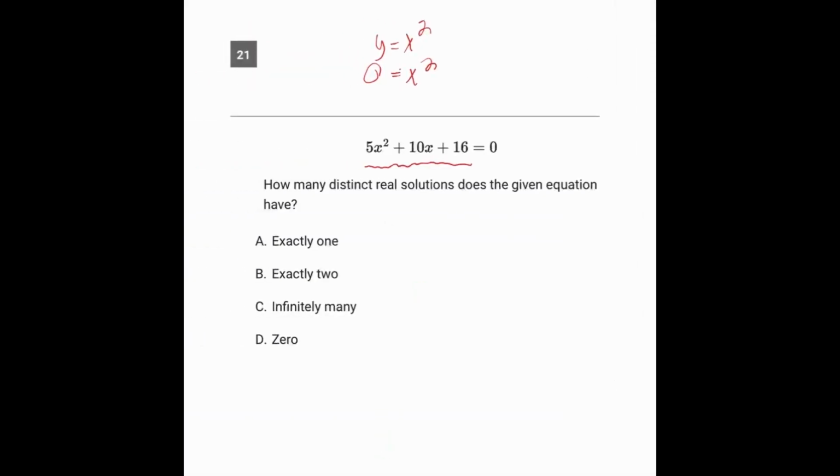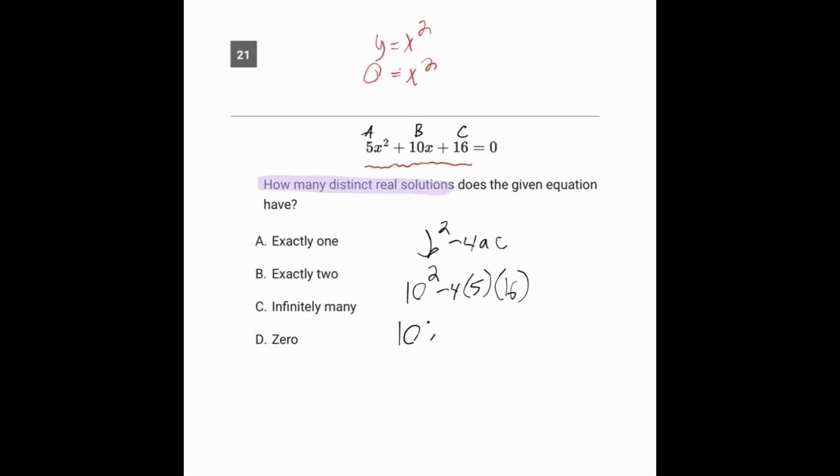no solutions. So if we're being asked how many solutions are there, we just need to figure out what is the sign of b squared minus 4ac. And of course, this is our a, this is our b, this is our c. So b squared minus 4ac is 10 squared minus 4 times 5 times 16.